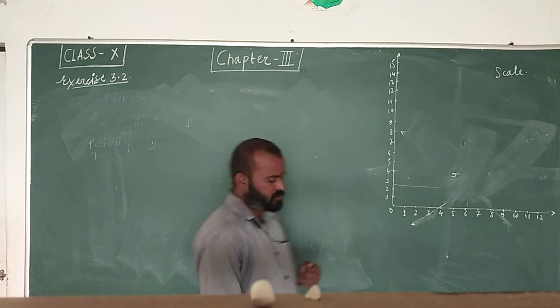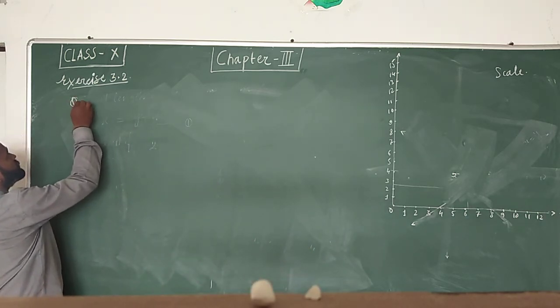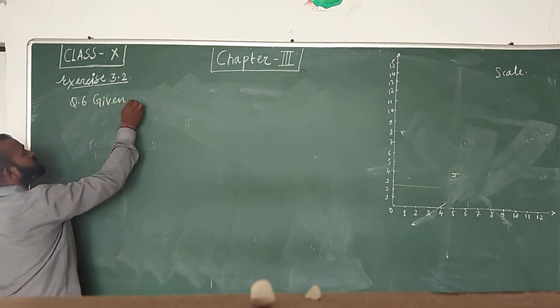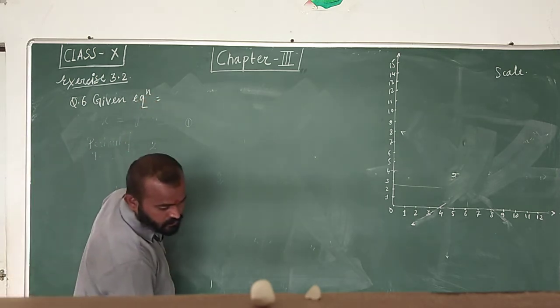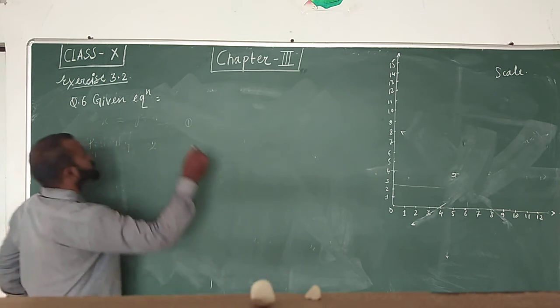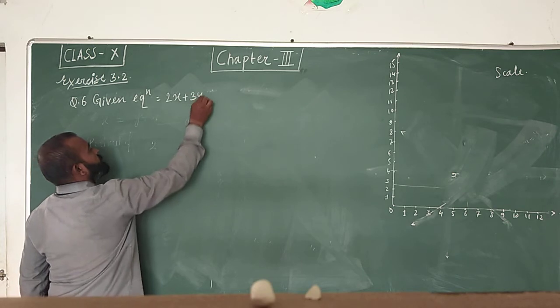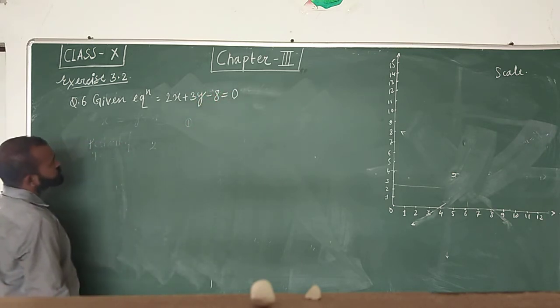So the question is, question number 6, given equation is 2x plus 3y minus 8 equals to 0.